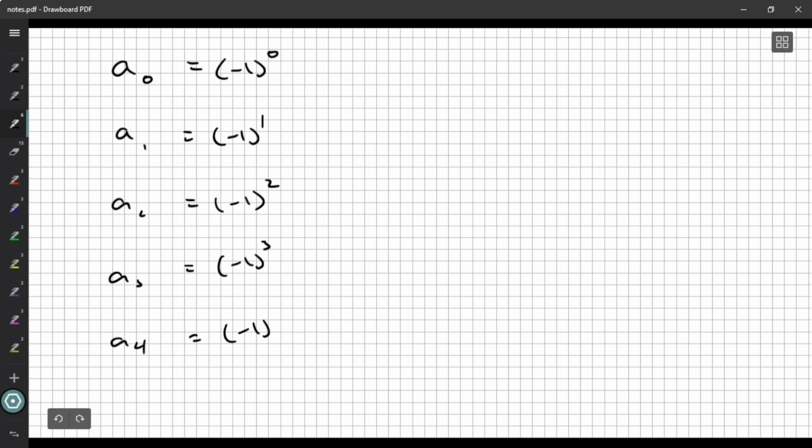Now, -1 is very nice because -1 raised to an even power, like 0, 2, or 4, is always going to be 1. -1 raised to an odd power, like 1, 3, or 5, is always -1. So we really do understand our given sequence. It goes 1, then -1, 1, then -1, 1, then -1. Just alternates like that, back and forth.